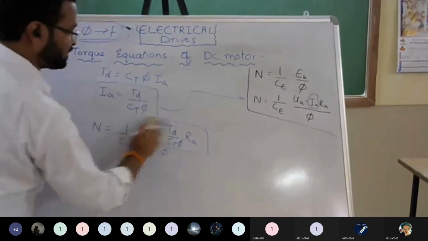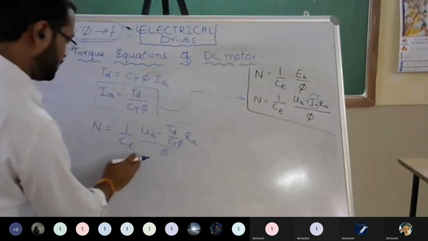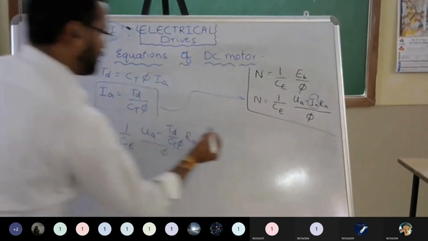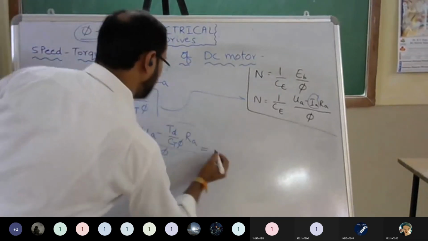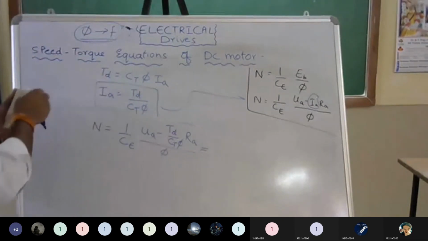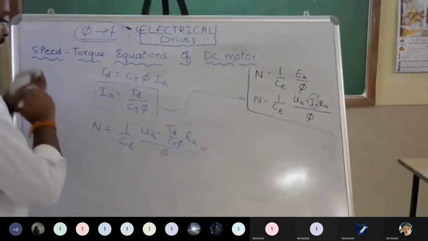A little bit we'll modify it, then we'll make it a square. How can we modify this? You take Ua as common. Here, I think it is visible. In black I will write it, then it will be highlighted. So the final equation we can write as this.